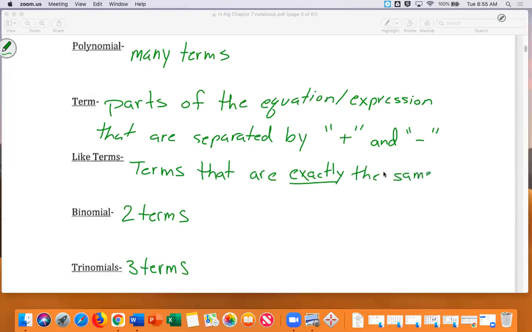I like to put in "exactly" because when you have things with a lot of x's in them, some people think, oh, they all have x's, they're all like terms. They're not. It's all about the variable and exponent. That's what makes something a like term. I don't care about the number in front, the coefficient. I care about the variables being the same and the exponents being the same. As long as that's true, they're like terms. And we'll get more into that.